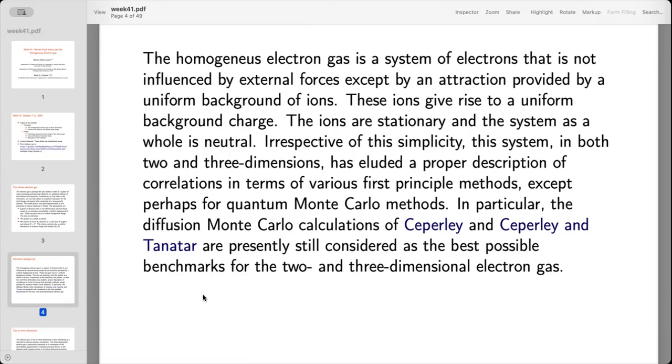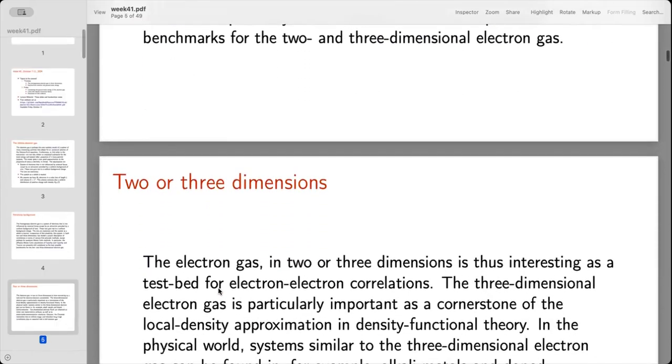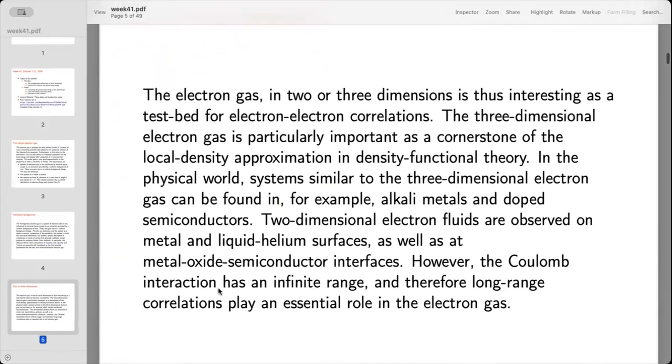You can prove that in the limit of long simulation times the approximation to the system should approach the exact energy. These calculations, both in 3 and 2 dimensions, provide a kind of benchmark for all other many-body methods. As I said, this electron gas is an interesting testbed for electron correlations.